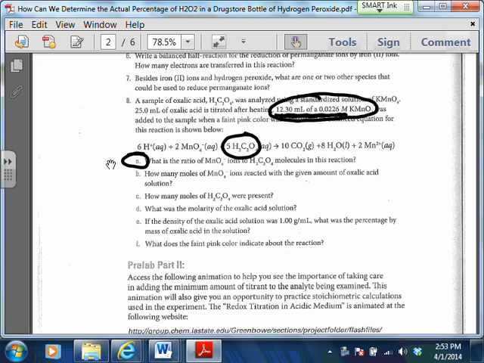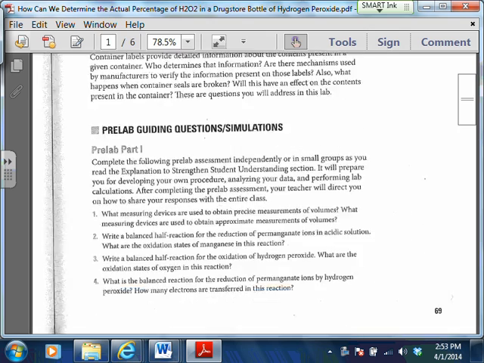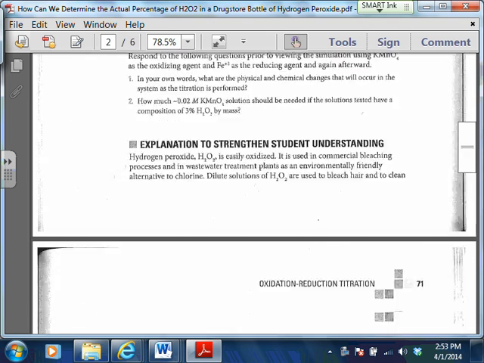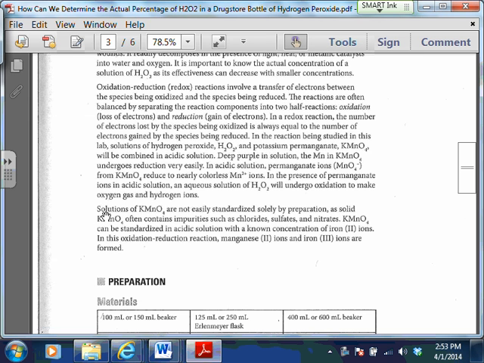Okay, so you can assume if we're titrating to the faint pink color, that's when the reaction has completely... Did they talk about that up here? I think they may talk about that in the background information. Or actually, it's afterwards, isn't it? Let's see here. Okay, here we go. Deep purple in solution, the Mn in KMnO4 undergoes reduction very easily.